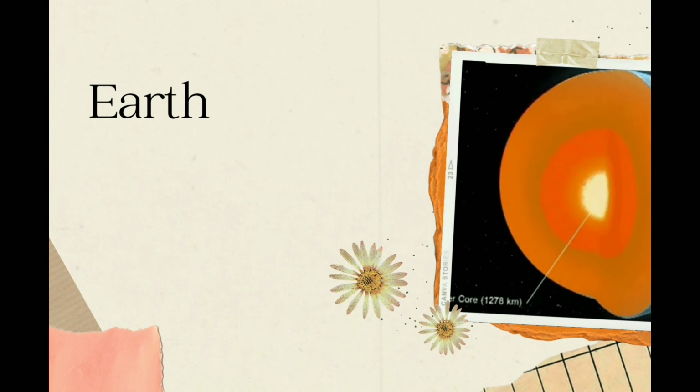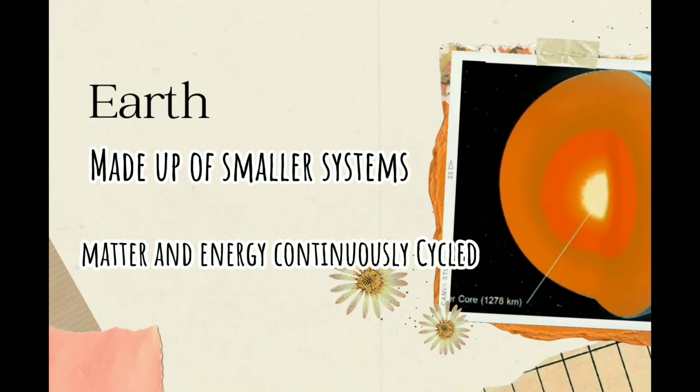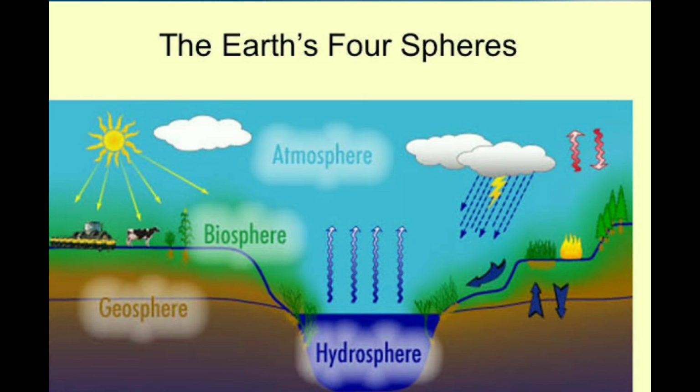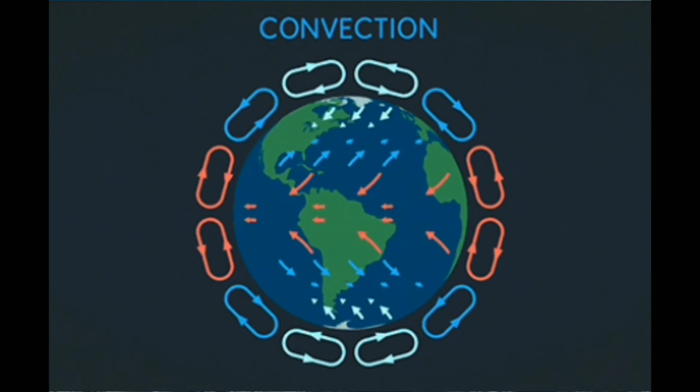Earth is a complex system made up of many smaller systems through which matter and energy are continuously cycled. Energy and matter flow through the Earth's spheres: the geosphere, hydrosphere, atmosphere, and the biosphere. Energy flows through the atmosphere mostly by convection.